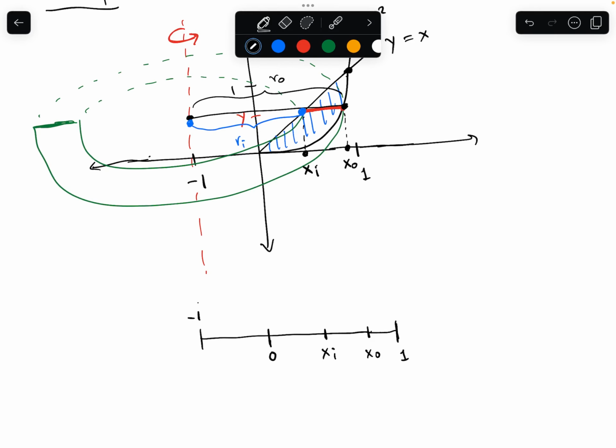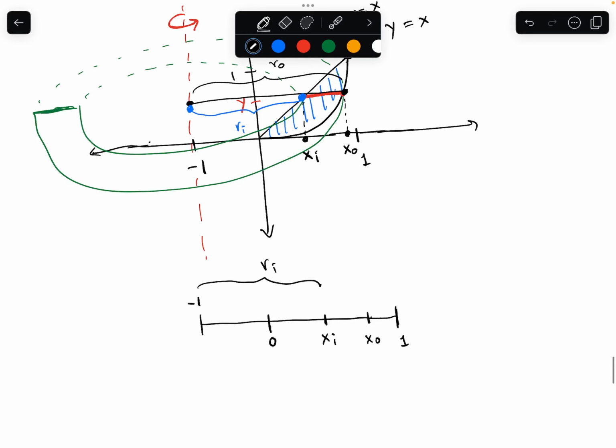Now this distance from -1 up to that coordinate xi that we don't know what it is yet, this is my inner radius. The distance from -1 up to that coordinate x0, that is my outer radius.